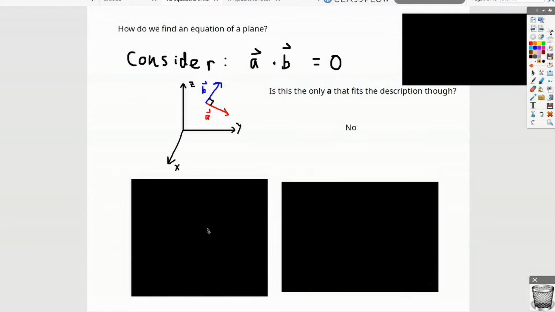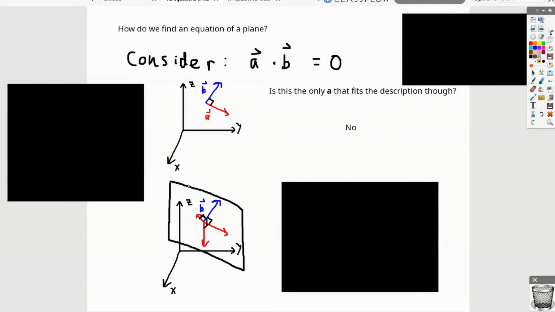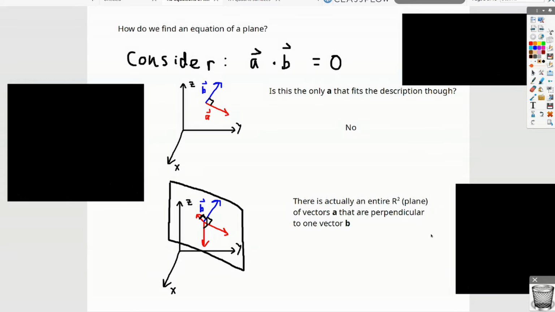In fact, there's a whole plane of A's that are perpendicular to B, and that is how we're going to get our plane equation, right? An entire R2 of vectors A that are perpendicular to one vector B. That's how we're going to get our equation.